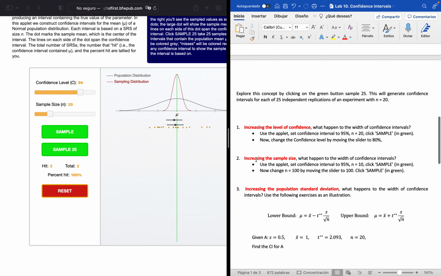Now, step 2, increasing the sample size. What happened to the width of confidence intervals? Use the applet, set confidence interval to 95%, n equal to 10. Now I'm going to reduce this to n equal to 10. All right. First, to make the comparison, 95%, I'm going to use n equal to 20, and I'm going to take one sample.